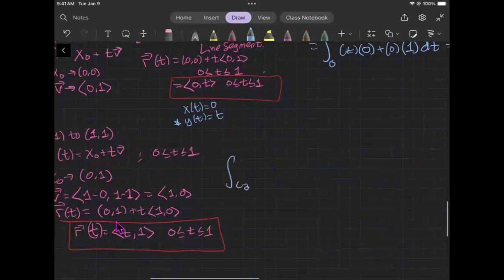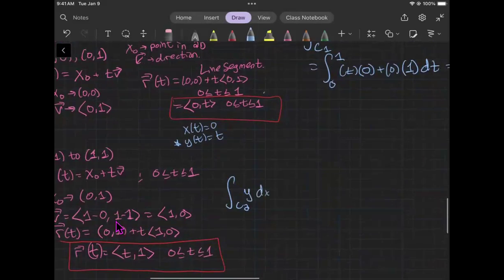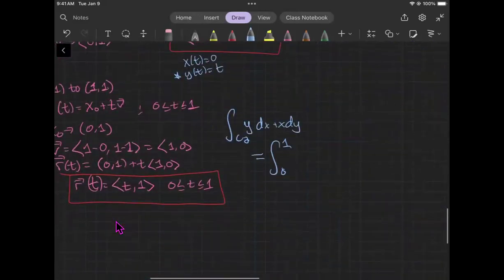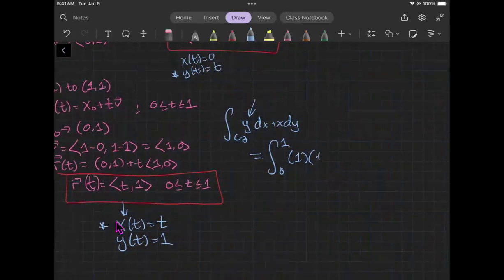So likewise, the line integral of C2 of y dx plus x dy equals the integral from 0 to 1. Let me rewrite the components here. x of t is t, and y of t is 1, right? So y is 1 times dx dt. X prime of t is 1, plus x of t, which is t, times dy dt.